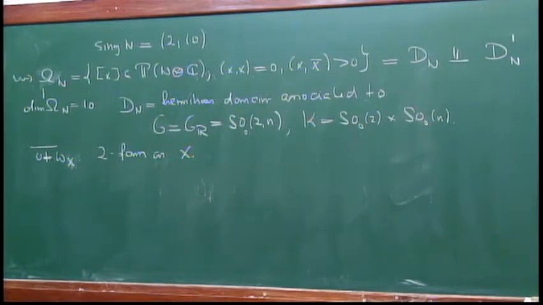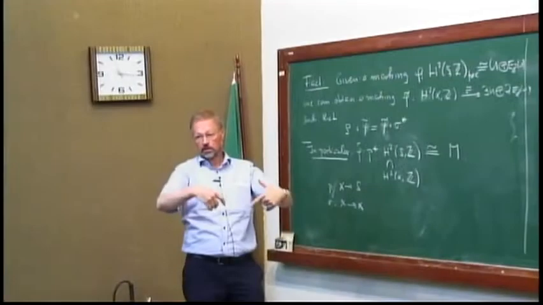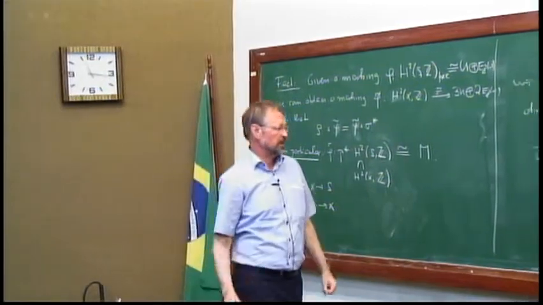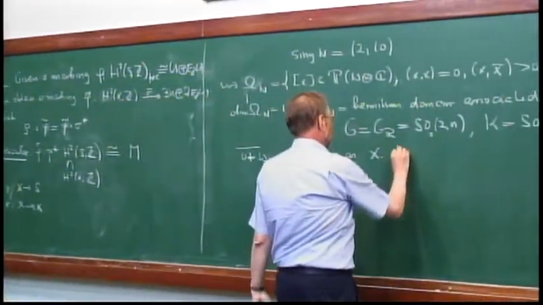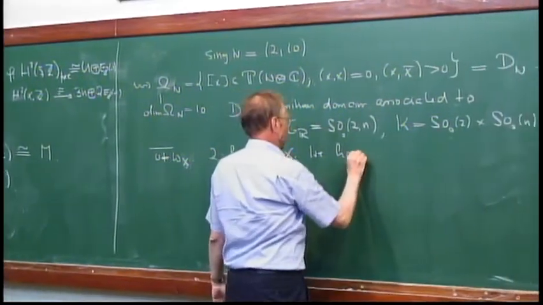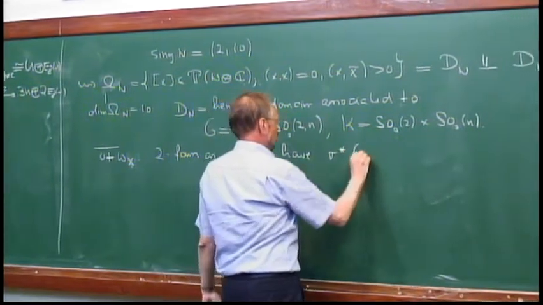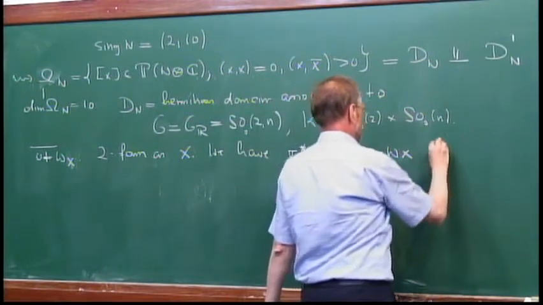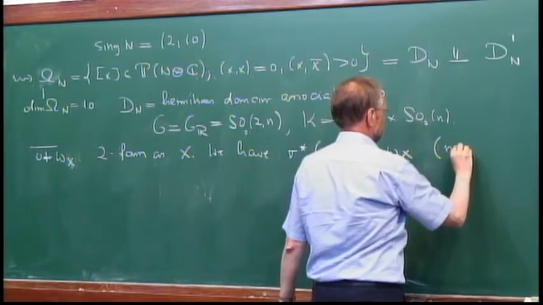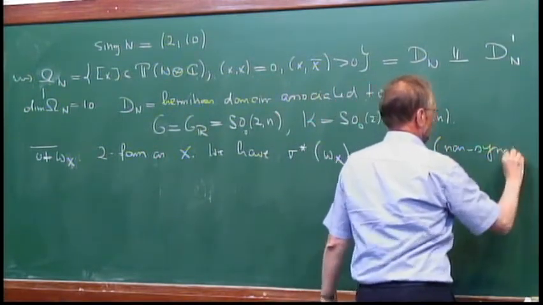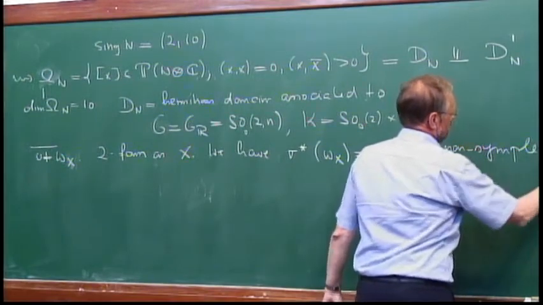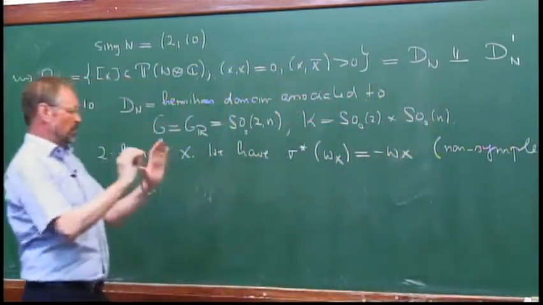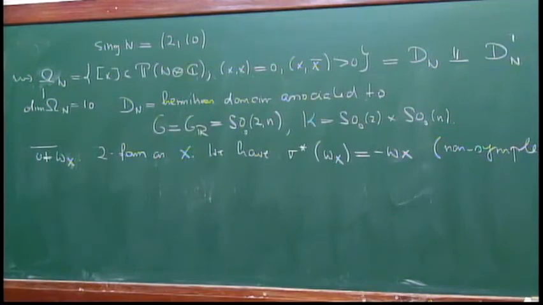And of course, since we have no 2-forms downstairs on the S, this cannot be invariant. And we must have that sigma star of this 2-form is minus omega X. So this is a non-symplectic involution. And again, the reason is that we have no 2-form on the Enriques surface.